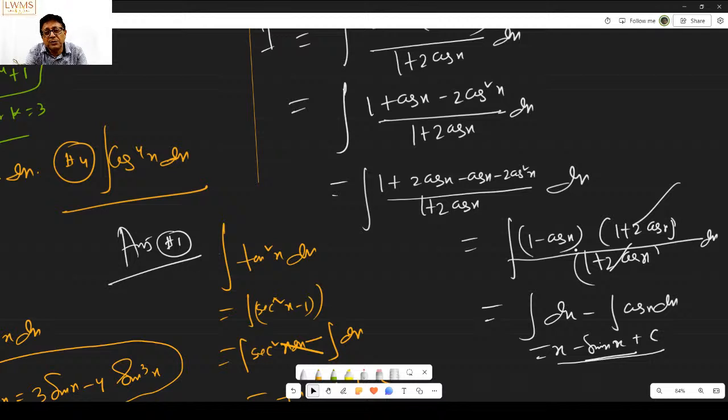Again you need to change to a linear one. This is 1 minus cos 4x, because 2 sin square theta is 1 minus cos 2 theta. So now multiply, open the bracket.